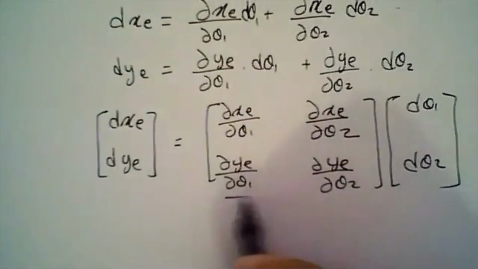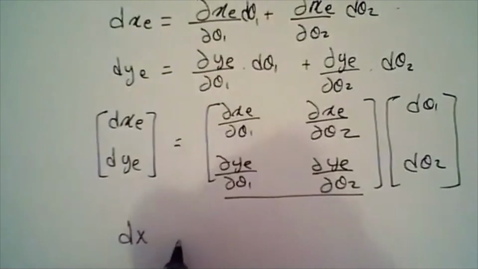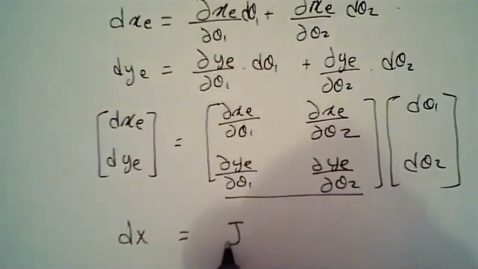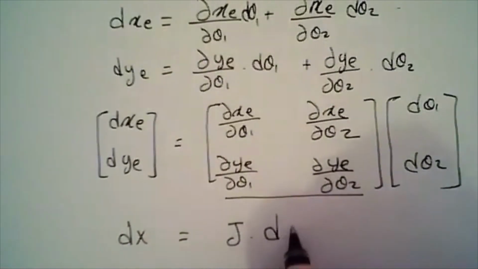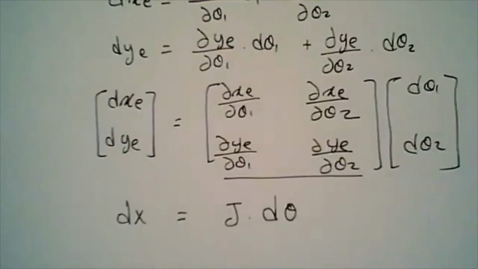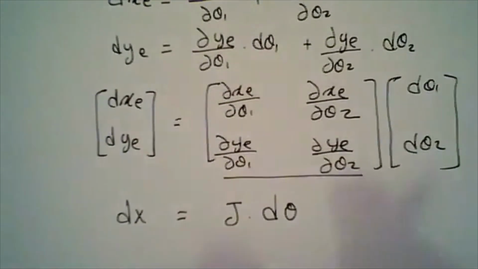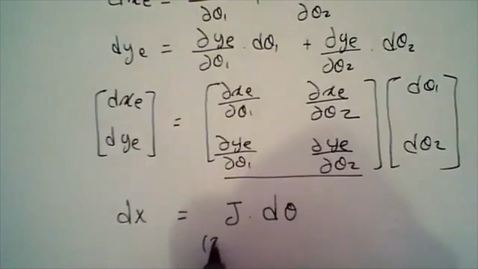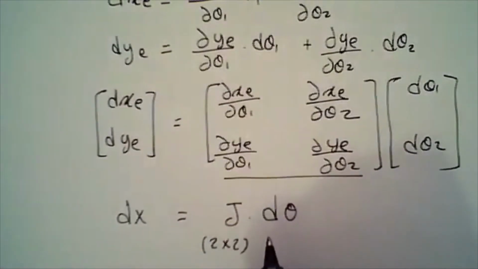So this guy right here is my Jacobian. So I can write dx is equal to my Jacobian multiplied by d theta. Notice now that the Jacobian is a 2 by 2 matrix, right?